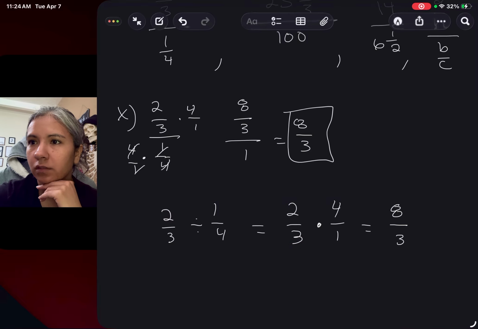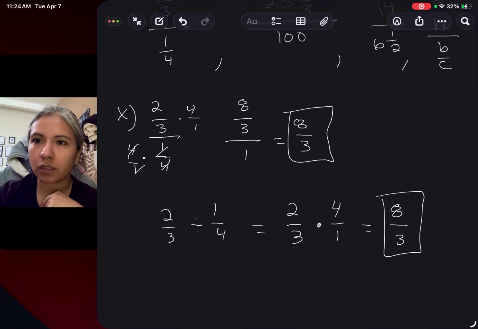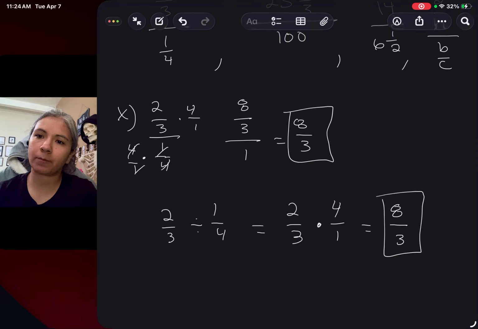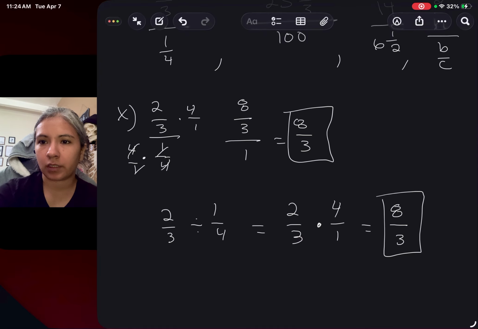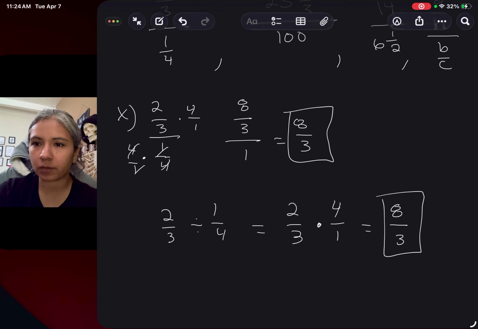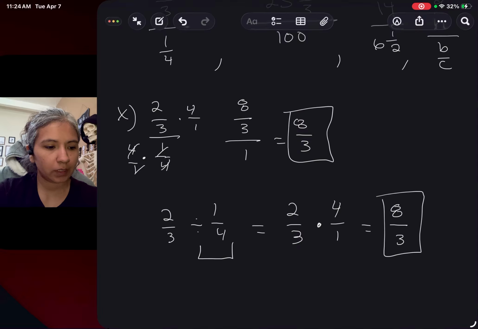So our answers check. They are the same. So you can do either way. You can get rid of the denominator and multiply the top and bottom by the reciprocal, or you can do it as a division and change that to multiplication of the reciprocal.